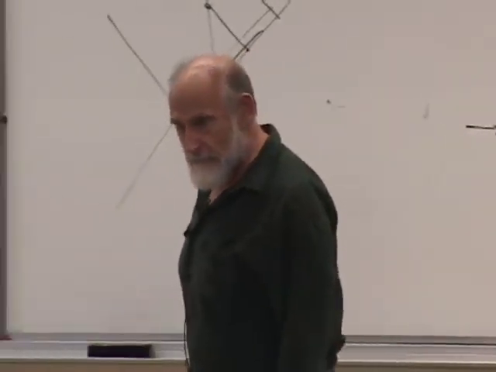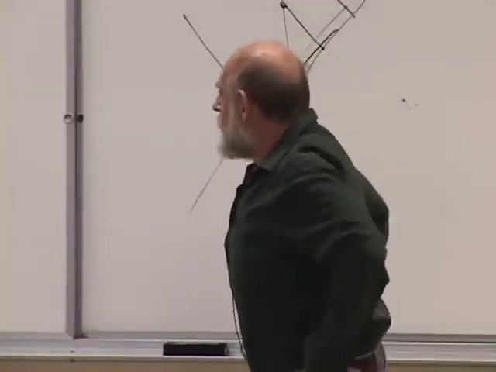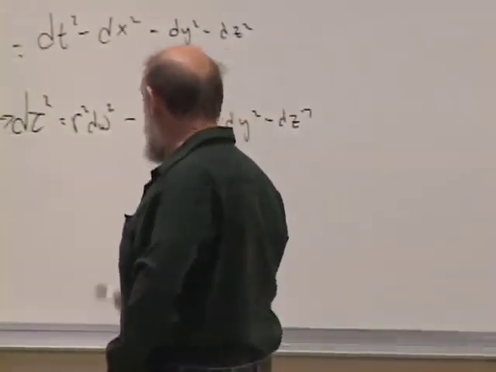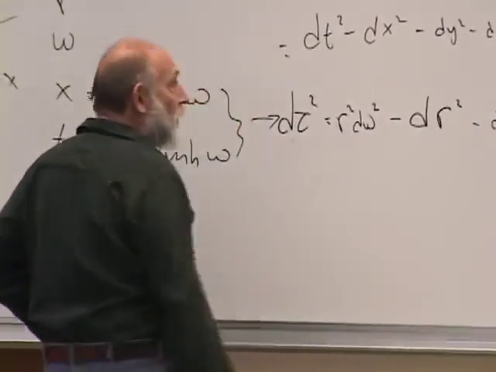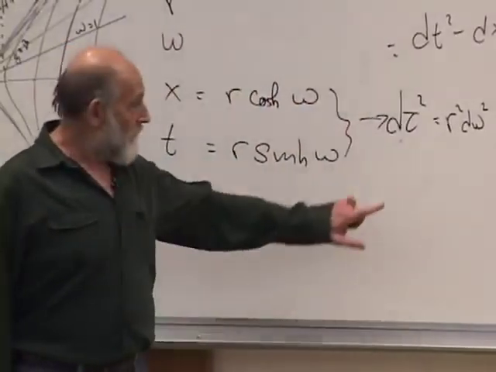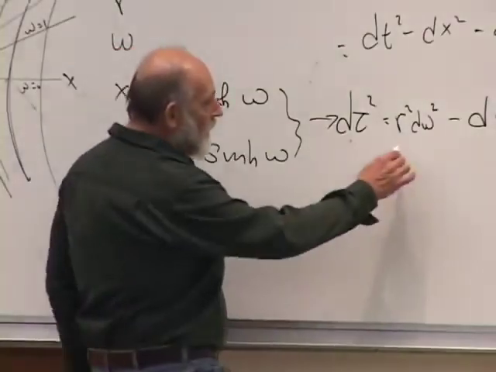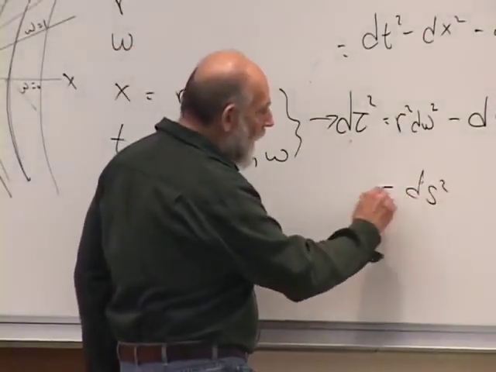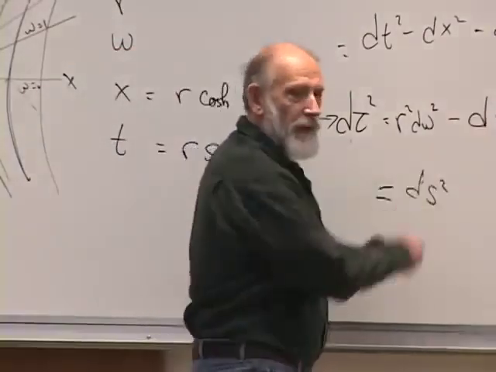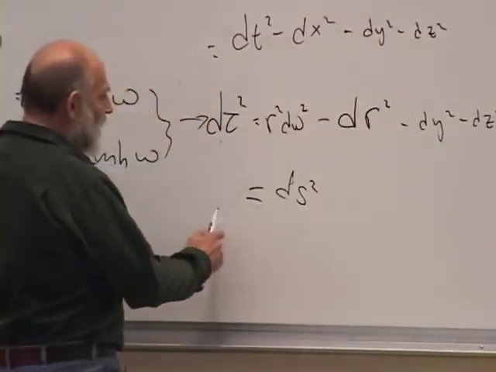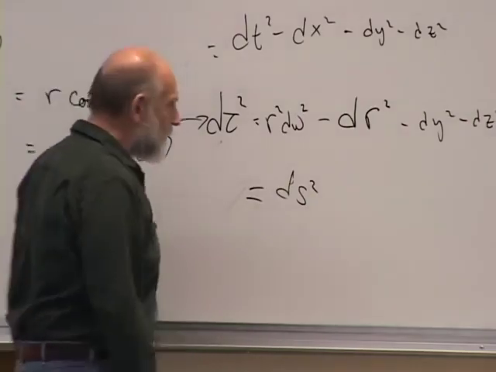The d omega squared is not quite proper time. No, it's not proper time. It's d omega squared over r. Let's say r equals fixed r.